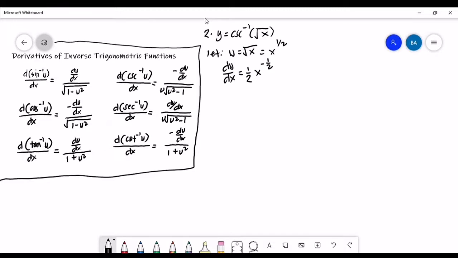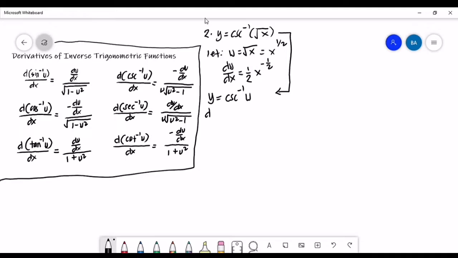Next, if we rewrite this equation, y is equal to the arc cosecant of u. So if we check the formulas for the derivatives of inverse trigonometric functions, we could use this equation.